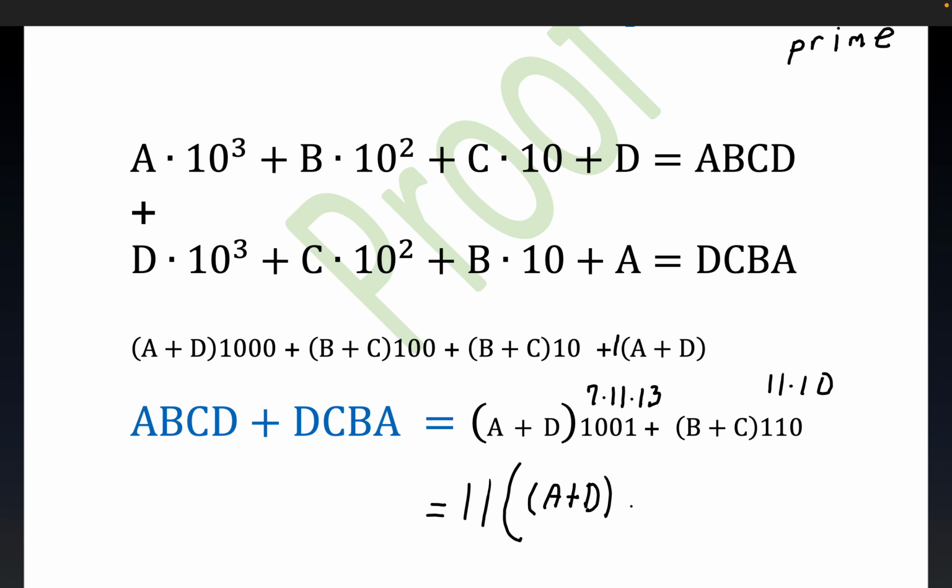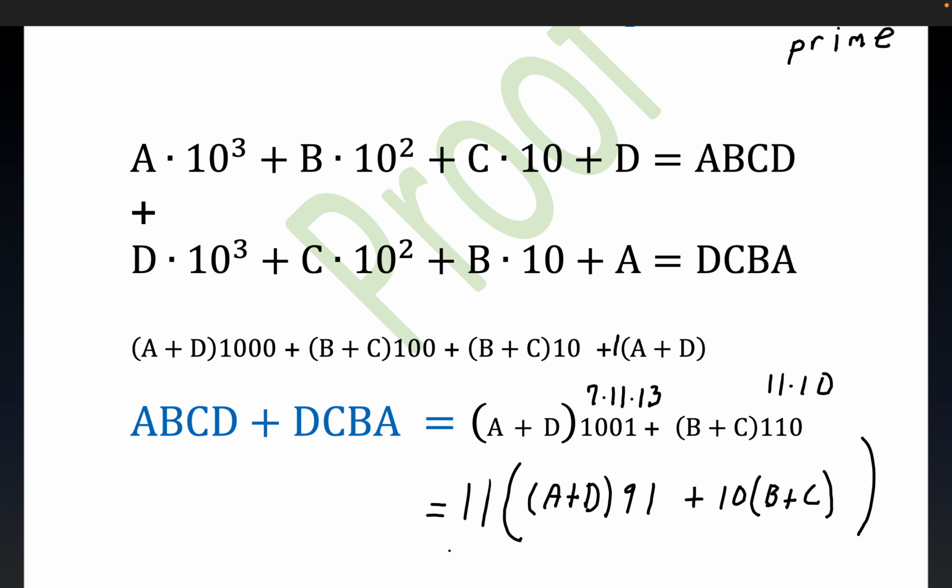Okay. Times A plus D, plus, we took 11 out of this, 10 times B plus C. Again, a lot of people would just say proof complete at this stage right here, but this just makes it slightly more complete, I guess, or professional, whatever. Never been accused of being professional.